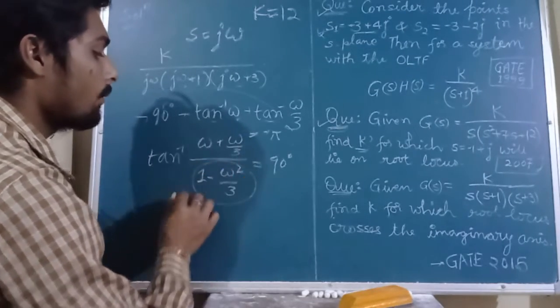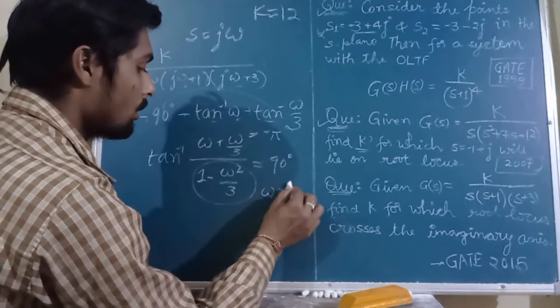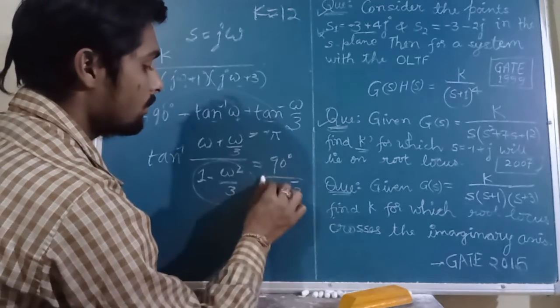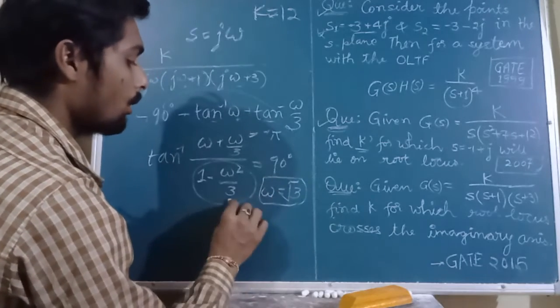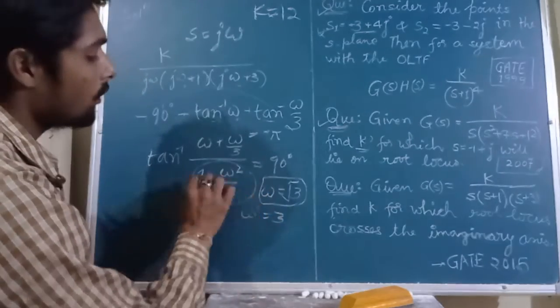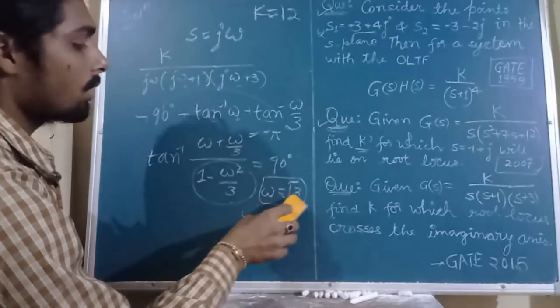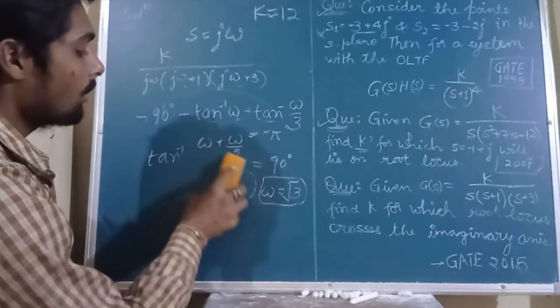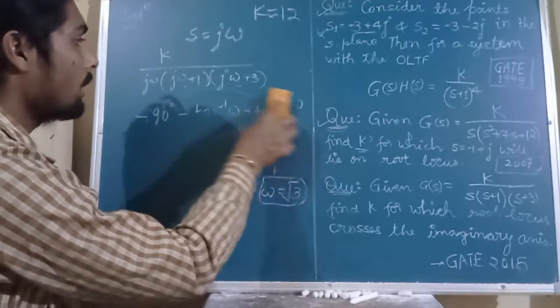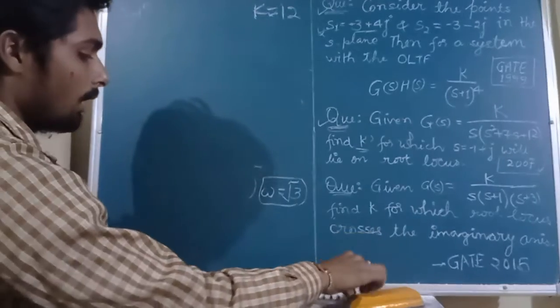That is when this term will go 0, means when omega equal to root 3. How? Because omega square equal to 3, and 3 upon 3 is 1, 1 minus 1 is 0, right? So the required frequency is root 3, means at the point 0 comma root 3 j, the locus will cross the imaginary axis.